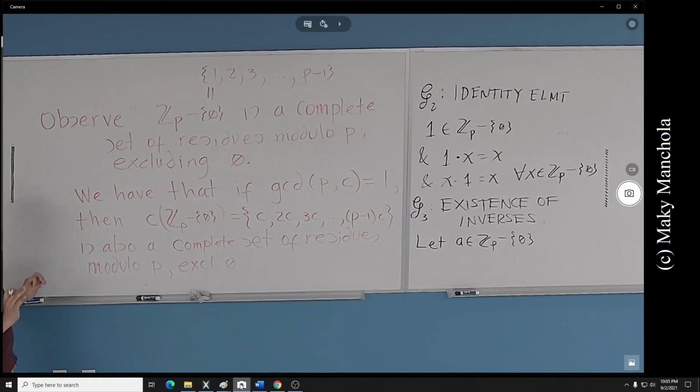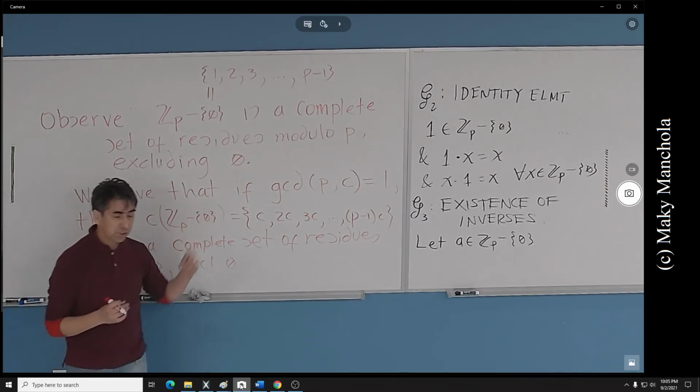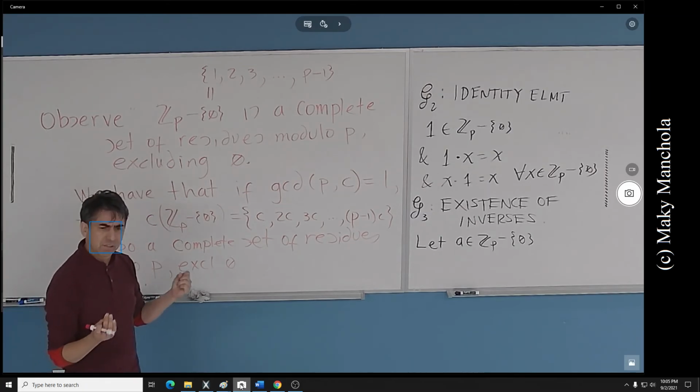So we know that. That is a fact that we have to take for granted in this proof. It is a fact from number theory.